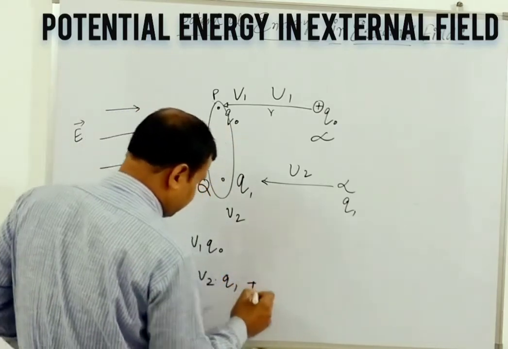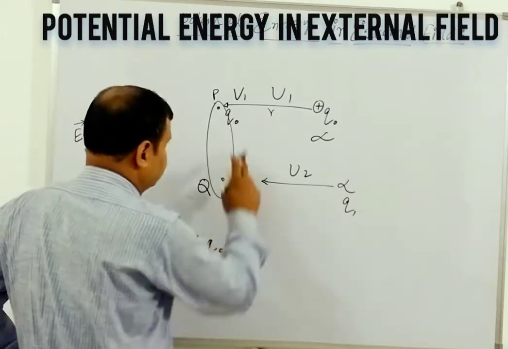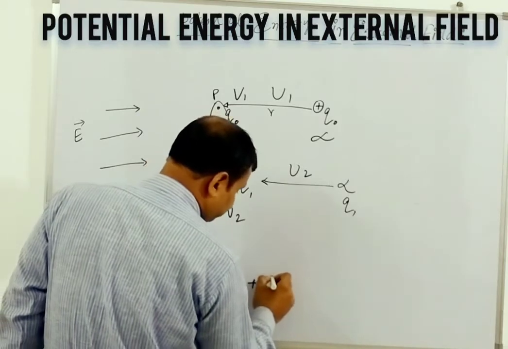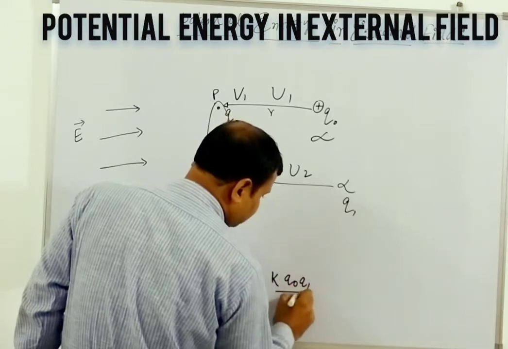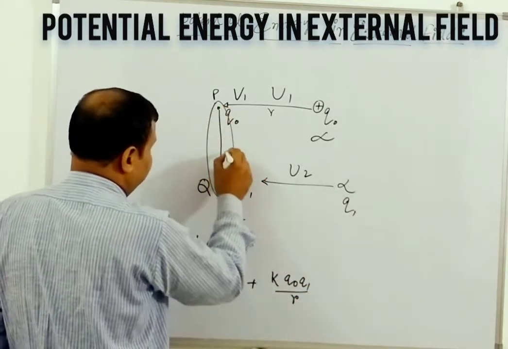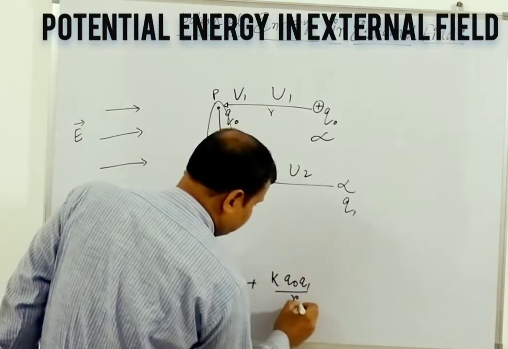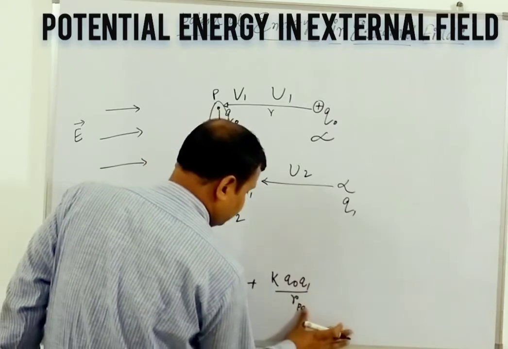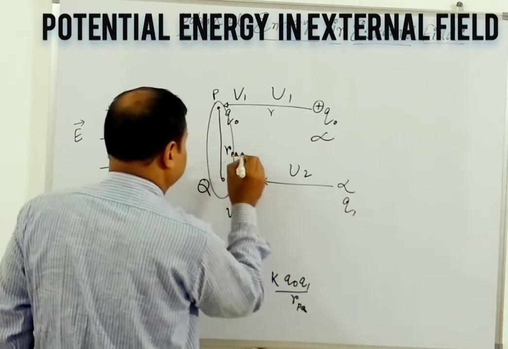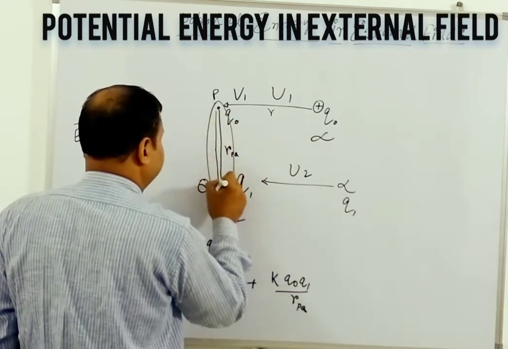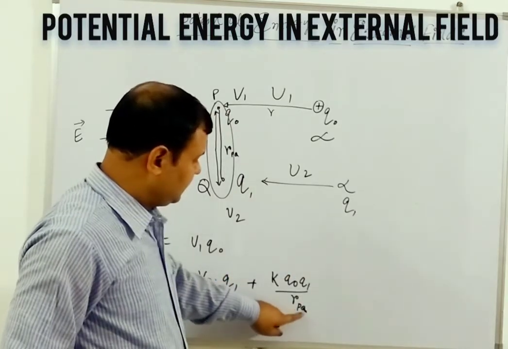This will be the interaction of both charges: K Q naught Q1 over R. If they are separated by a distance R, say R(PQ), the distance between the two charges in the configuration, then this will be K Q naught Q1 over R(PQ).